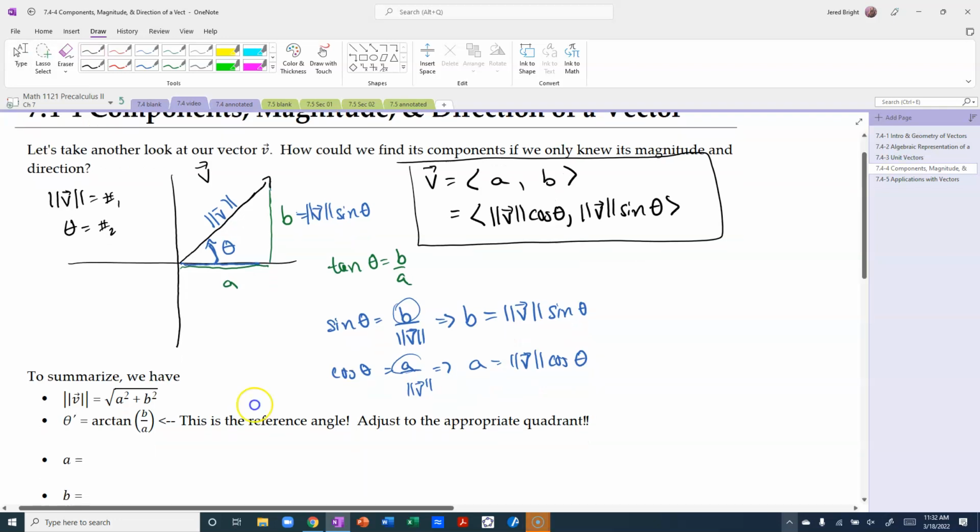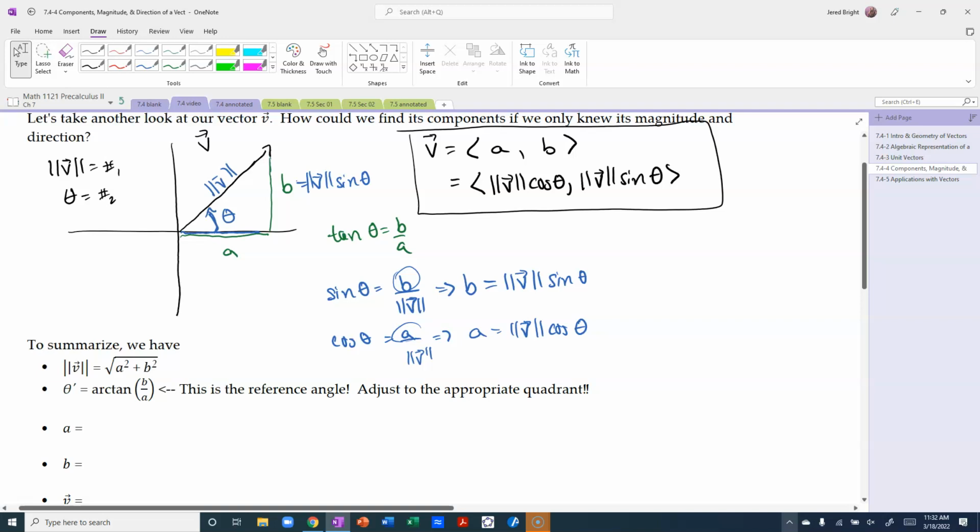All right. In addition, I just want to provide some summaries. The magnitude of v, that length, is the square root of a squared plus b squared. It would just be the size of the triangle, coming from the Pythagorean theorem. For theta, the direction, we do have to be careful.